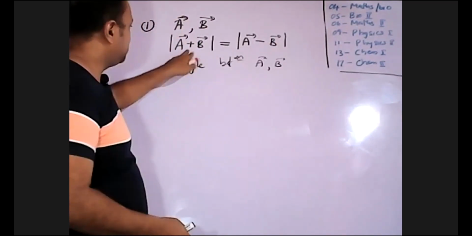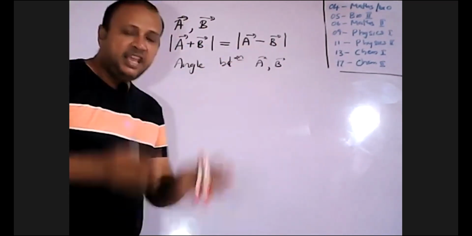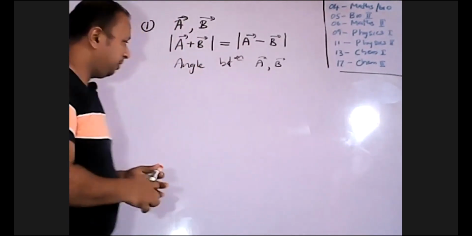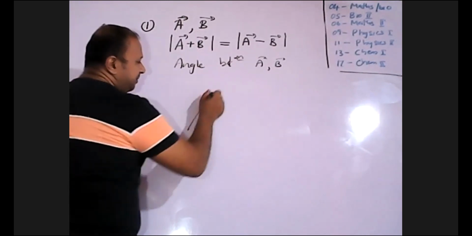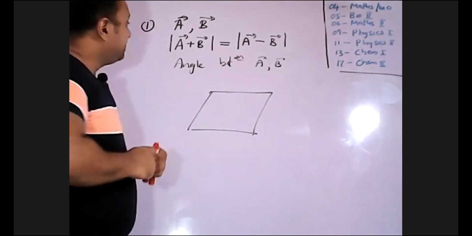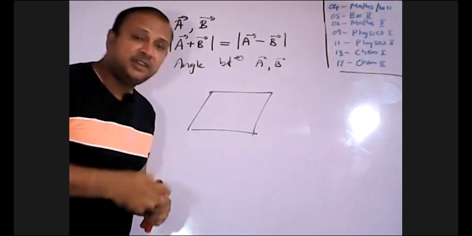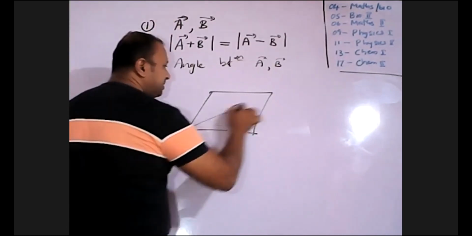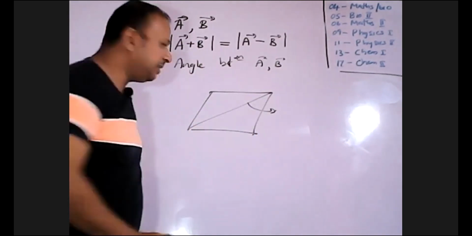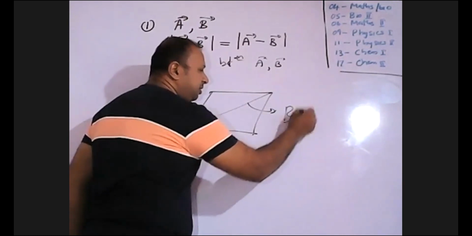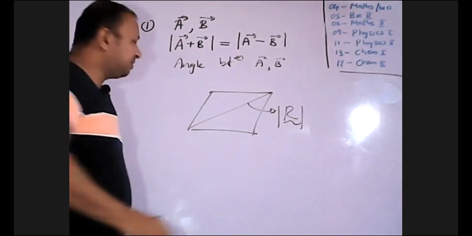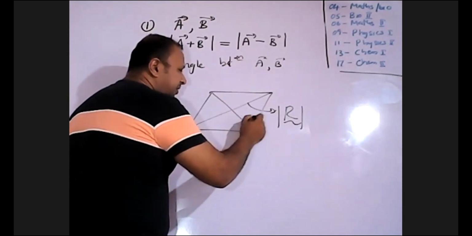D. So this is R and this is D. If we consider a parallelogram, the resultant vector can be represented by this diagonal, and the difference vector D can be represented by this diagonal.